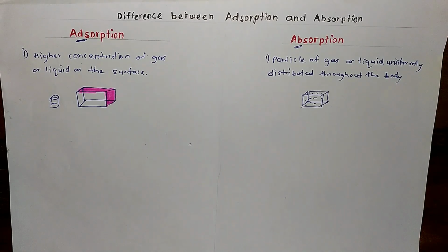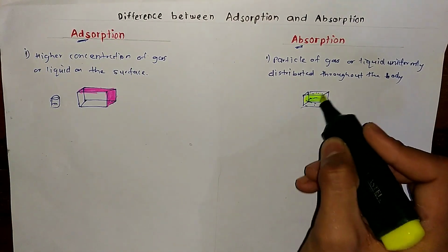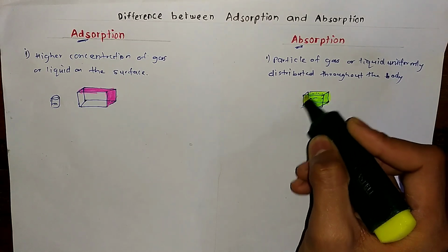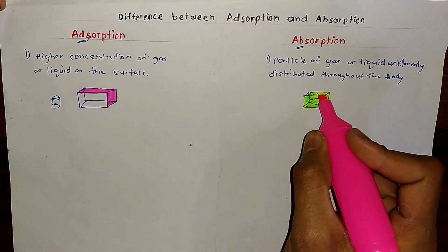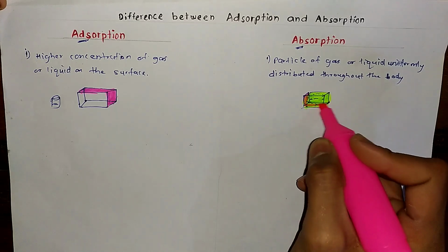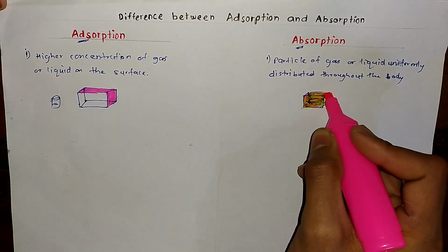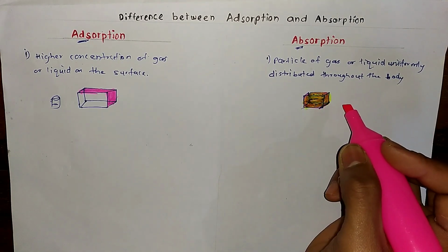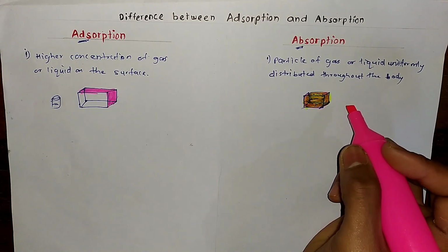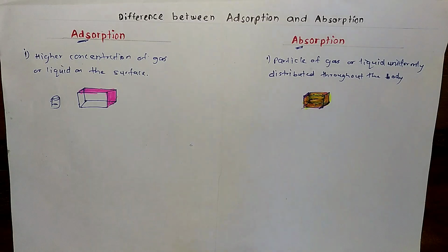If we put red color solution on the sponge, this red color solution will be absorbed throughout the whole body of the sponge, and the size of the sponge will be more than before. Means particles of liquid are uniformly distributed throughout the body. This is absorption.